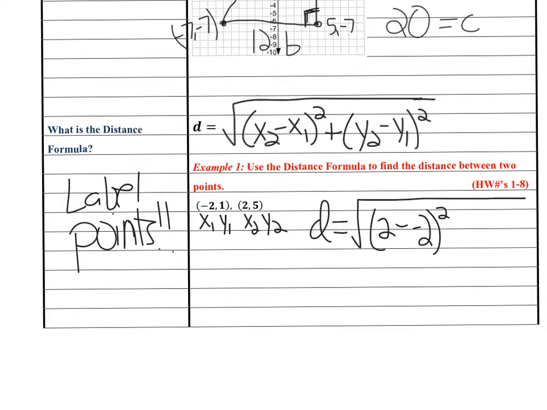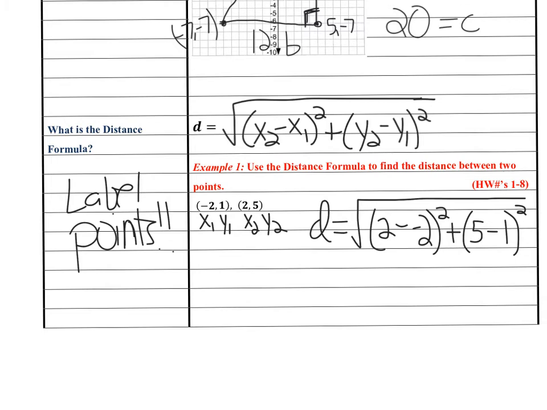I know that looks funny, but that's me plugging it in correctly. Then I'm adding on the y2 number, which is 5, minus the y1 number, which is 1, and squaring that part. So I've put my 4 numbers where they go in the formula. Questions for me so far?